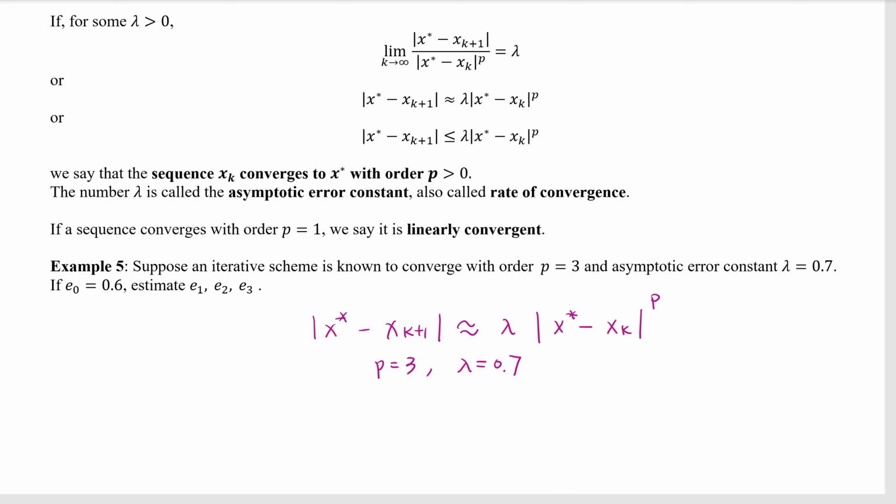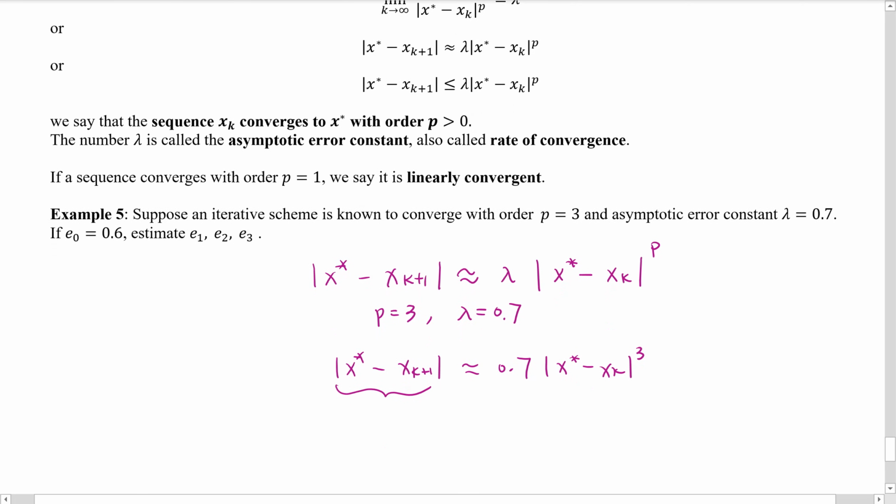Okay, so we have the true value minus x(k+1) is approximately 0.7 times the true value minus xk to the power of 3. And if we call this the error at stage k+1, it is approximately 0.7 times the error at step k to the power of 3, right?